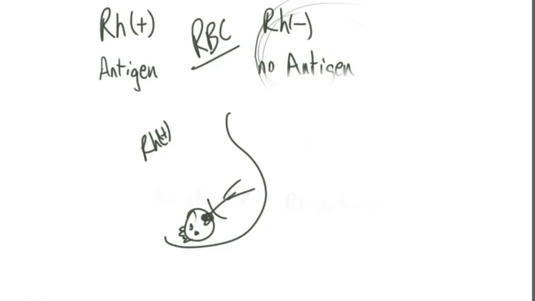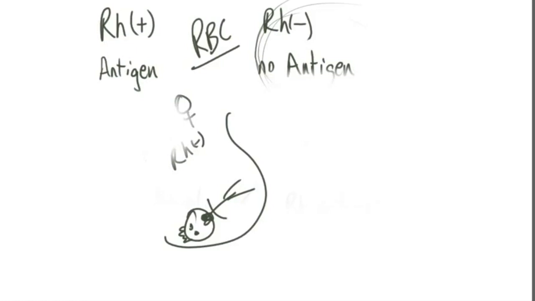No. So we never worry about a positive mom. If there's a positive, Rh positive mom, this doesn't even matter at all. It's only if the mom is Rh negative that we have anything to talk about here.